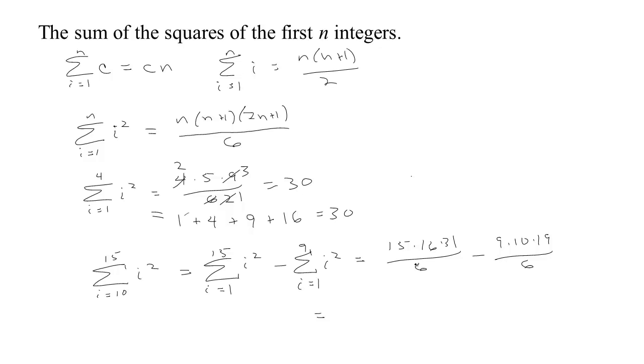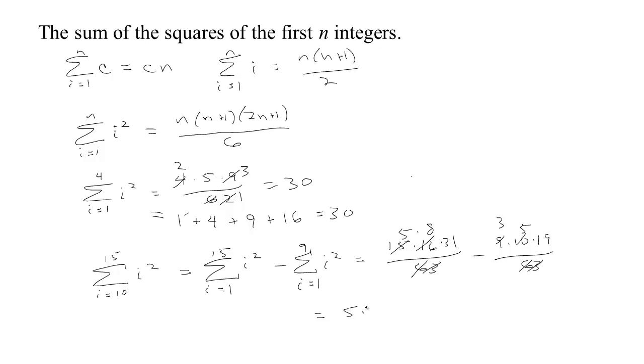Of course, they're not that bad because 2 goes in here 3 times and in here 8 times, and 3 goes in there 5 times. Here, 2 goes in here 3 times and in there 5 times, and 3 goes in there 3 times.